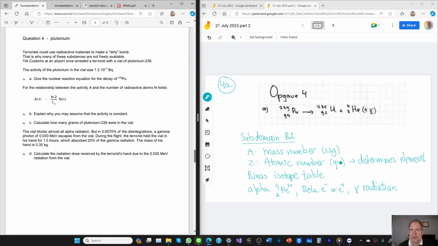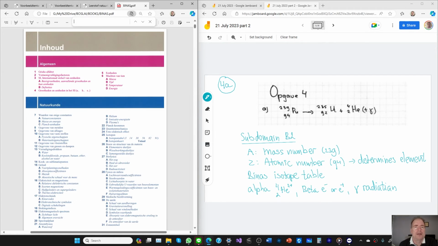And this atomic number also determines what element it is. So plutonium always has an atomic number of 94. And the mass number could depend on what kind of isotope it is. And your isotope table in BINAS should be your friend. You should be very familiar with it.